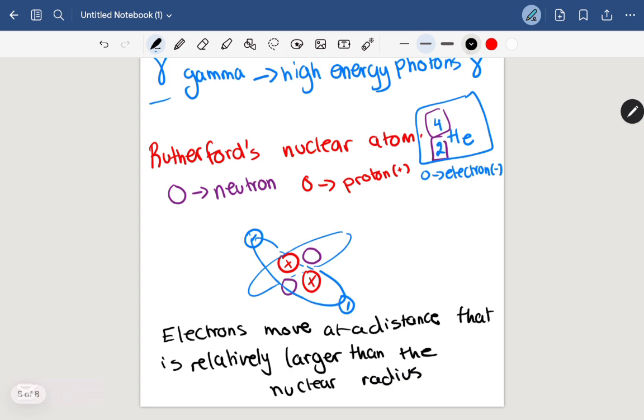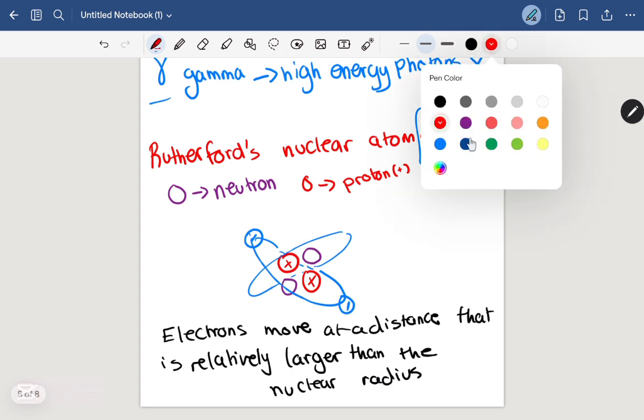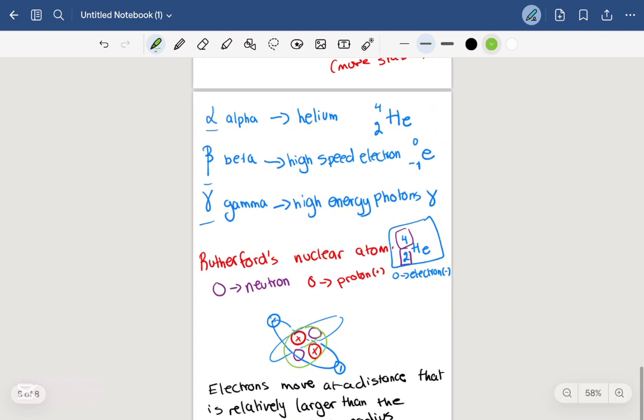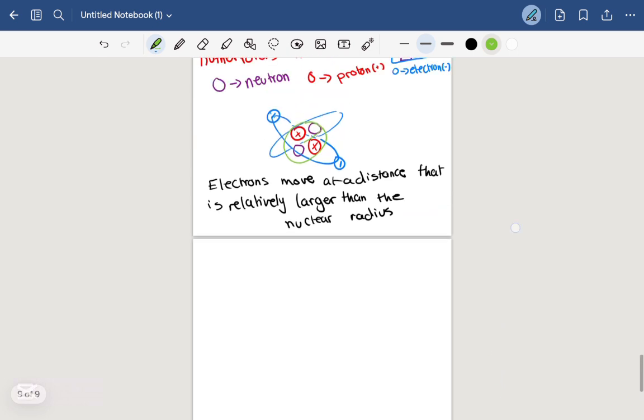Meaning that, okay, this is the nucleus over here. Let's take the nucleus in this color over here, green. You will take the radius of the nucleus and you will compare it to the motion of the electrons, and you will see that it will move a distance that is relatively larger than the radius of the nucleus, okay? So we move on to the next thing, which is something called isotopes.